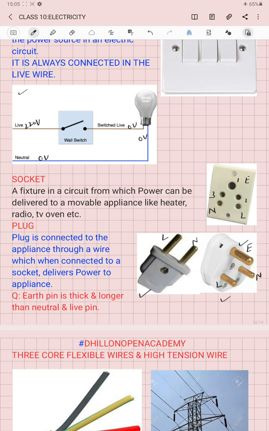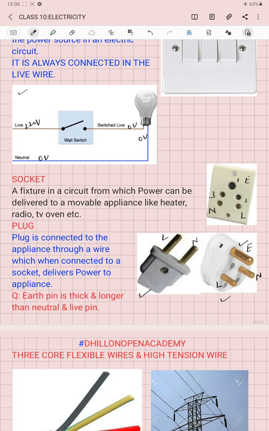For this, the cylinders in the socket and the pins on the plug are arranged in a particular shape, so that whenever the plug is inserted into a socket, the earth pin always goes into the earth cylinder, and the live and neutral pins always go into their respective cylinders in the socket.